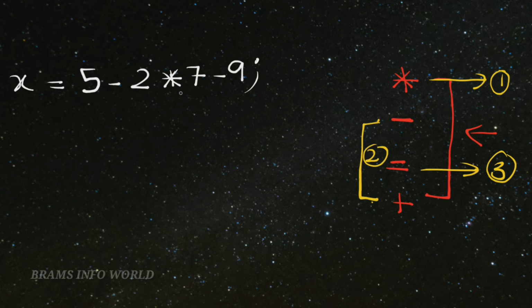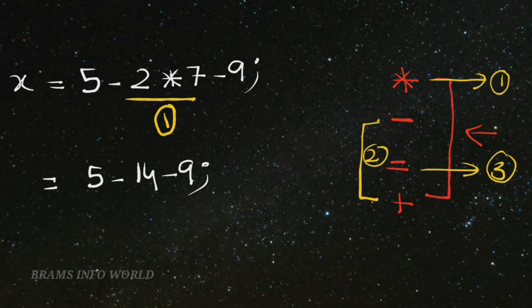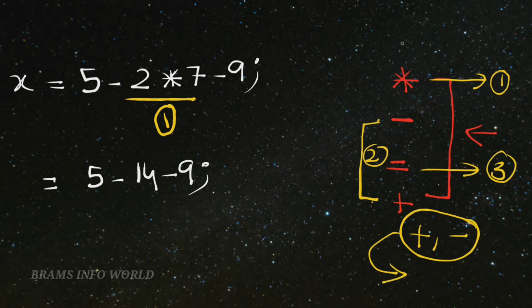Let us work with the example. In this example, this is the first operation because star is the high priority. Now the evaluation will be 5 minus 14 plus minus 9. Plus minus without a sign, the compiler automatically takes as plus. Plus and minus have the same priority, and the associativity is left to right evaluation.